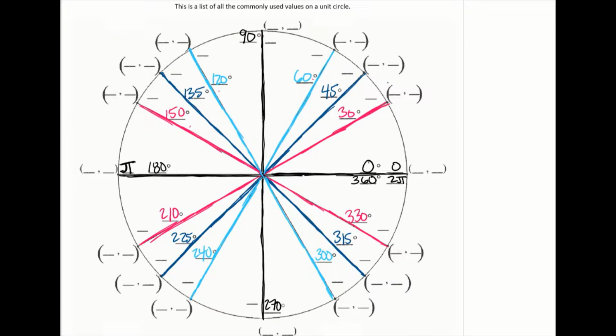Right, so we've got those easy ones. Now let's kind of cut it in half. So halfway from 0 to pi is going to be half of pi, or pi over 2. And then down here, pi plus pi over 2 is going to be 3 pi over 2.